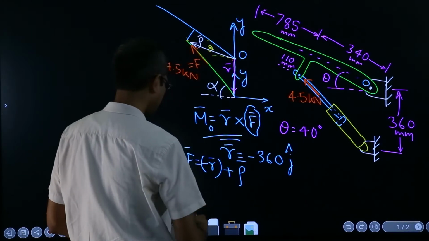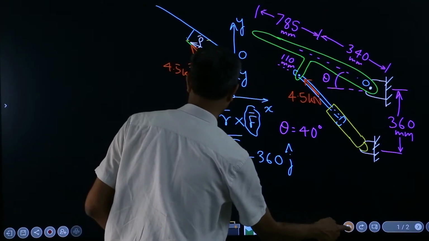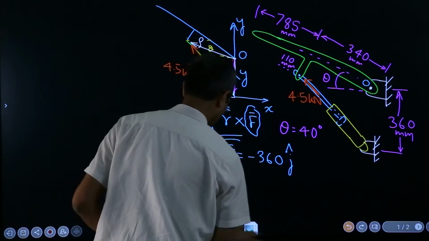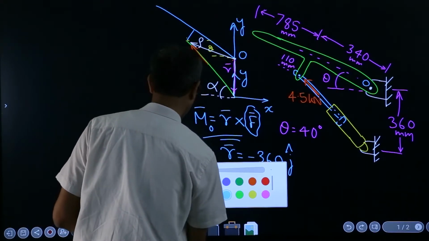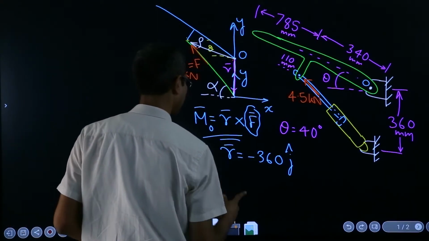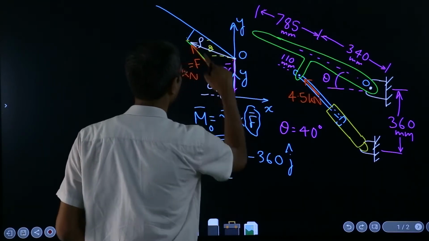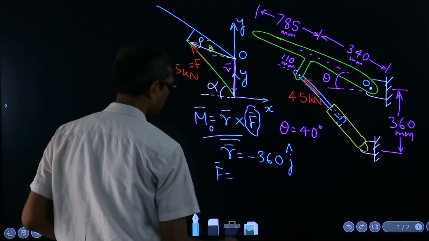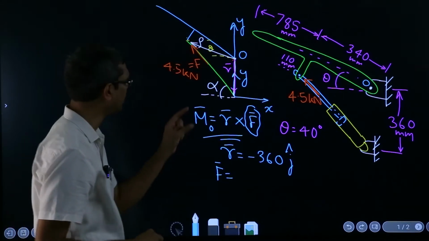Shall I write it somewhere else? Yeah, that's better. So I'll write it here, maybe: f vector means the arrow, the unit vector, to calculate the unit vector in this direction, because the magnitude is known anyway, 4.5 kilonewton.